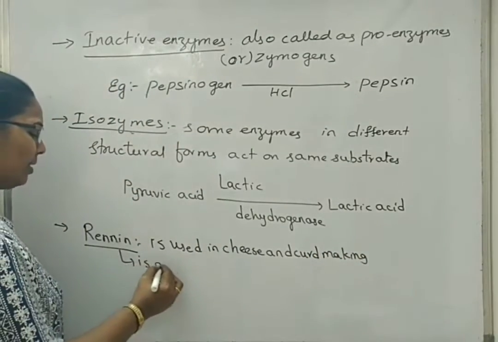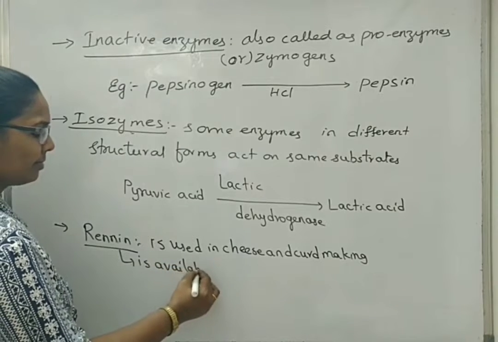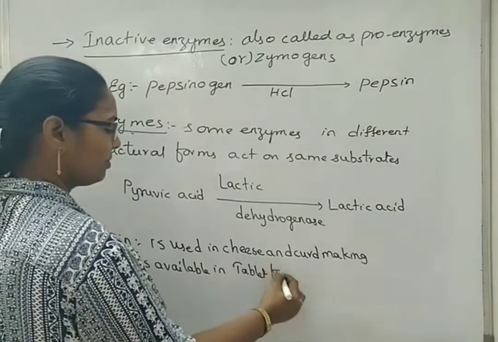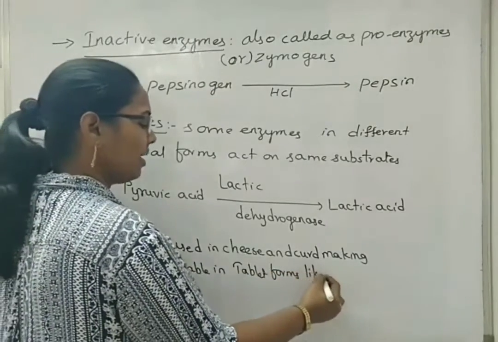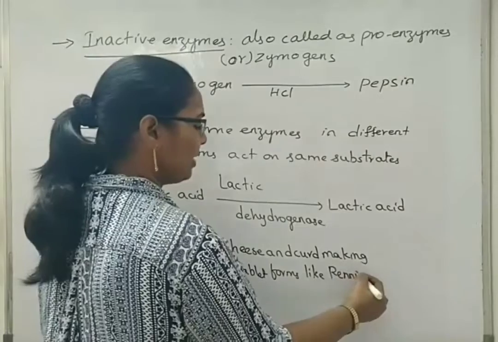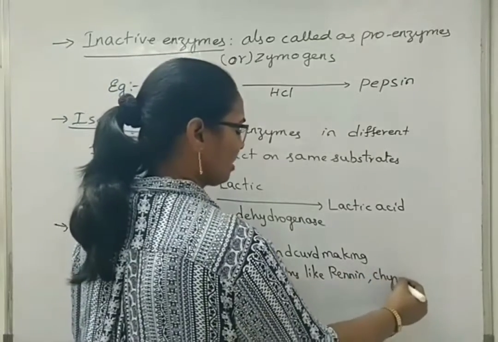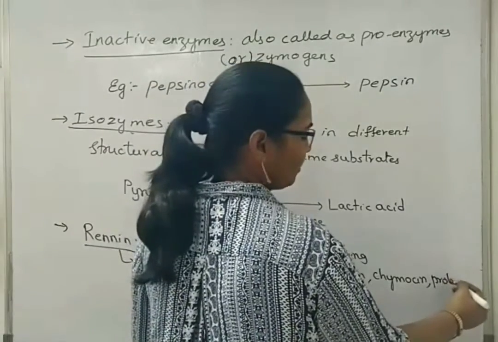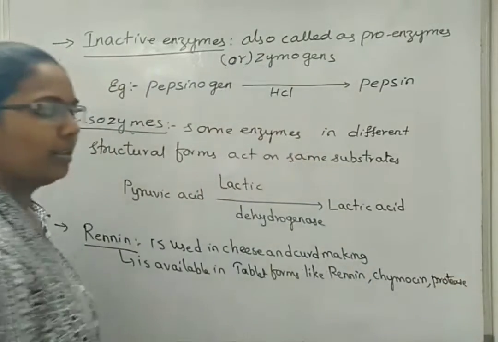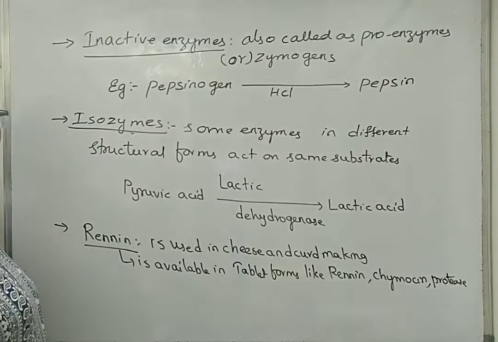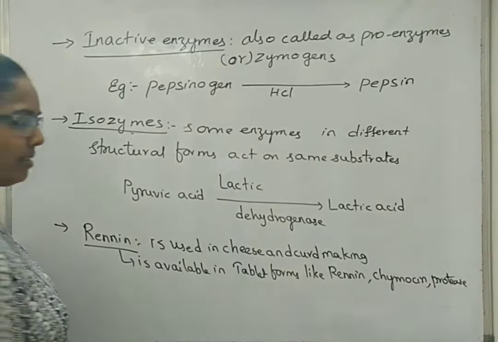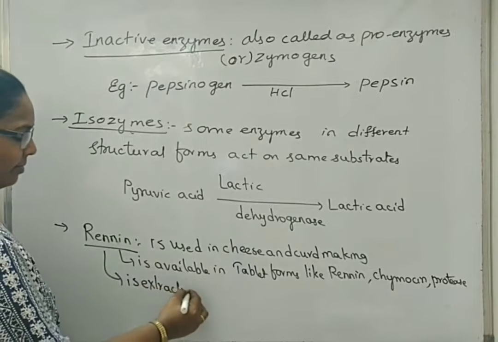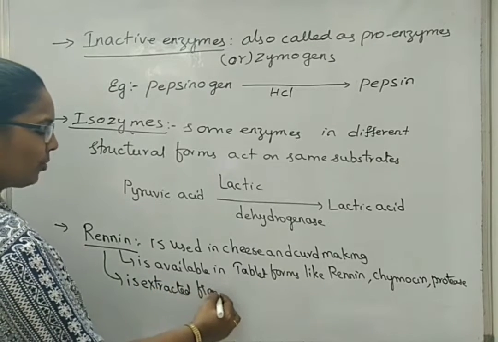Renin is available in tablet forms like renin tablet, chymosin tablets, protease tablets. Renin was first extracted from the stomach of calf.